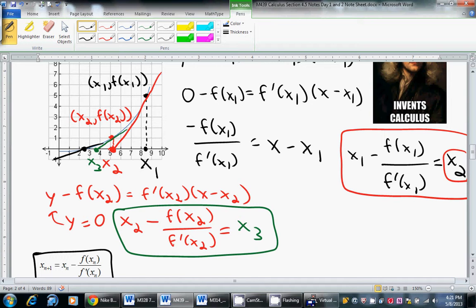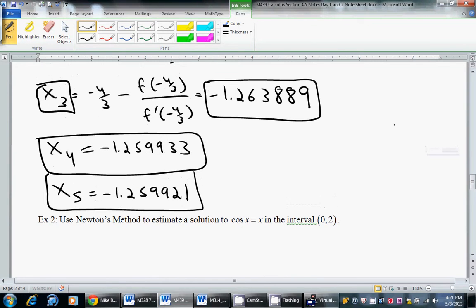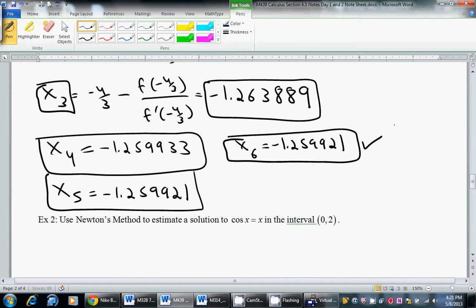So this is what the calculator just gave us. So x sub 6 is the same as x sub 5, and that is my answer.